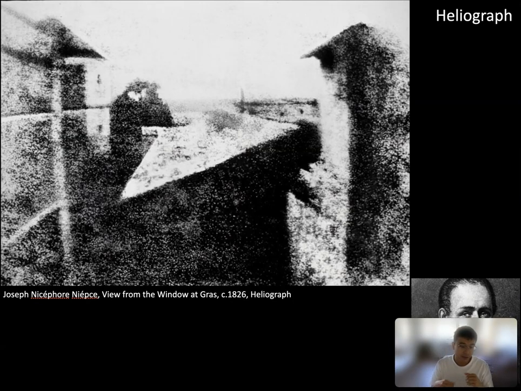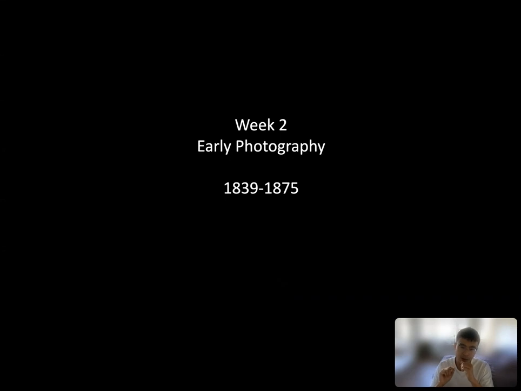The very, very early, or successful, experiment with recording the scene onto a piece of something, we trace it back to 1826. Remember the time that I reminded you of? 1839. So what happened in 1839?